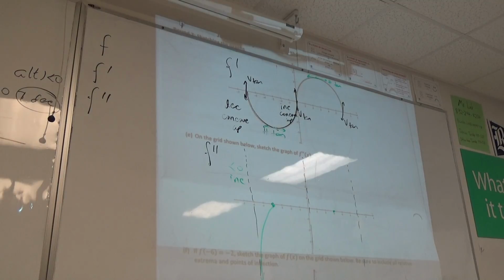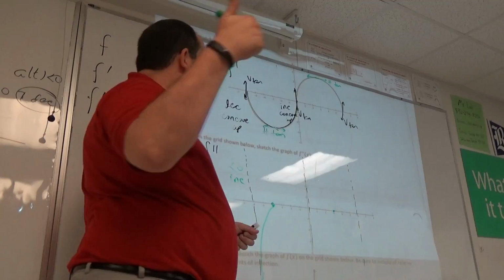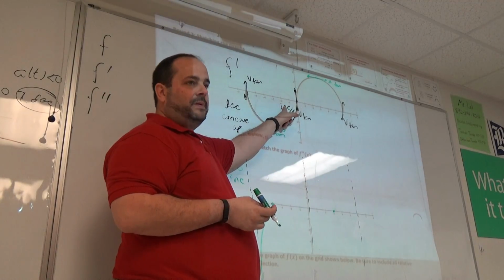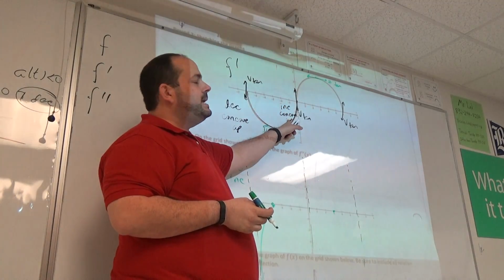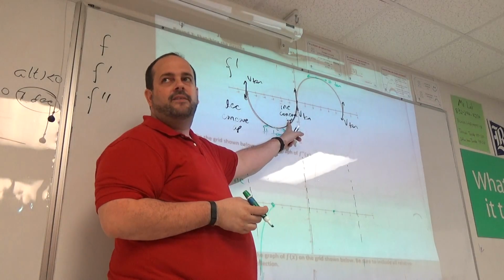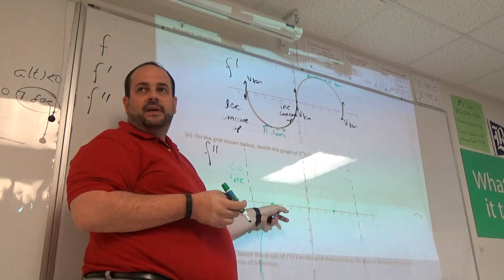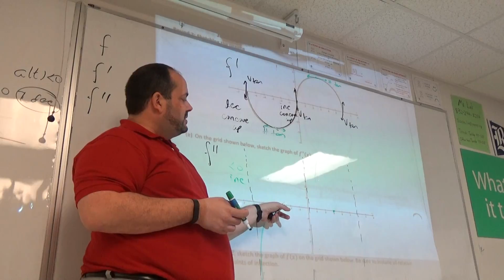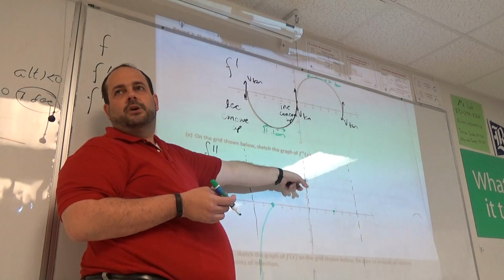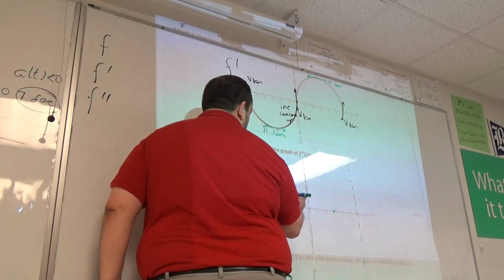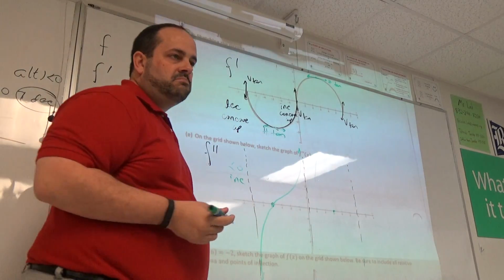So F double prime must be positive and increasing, positive because F prime is increasing, increasing because F prime is concave up. So I need positive and increasing, leaving the root, heading towards a vertical asymptote. The graph has to look like that.